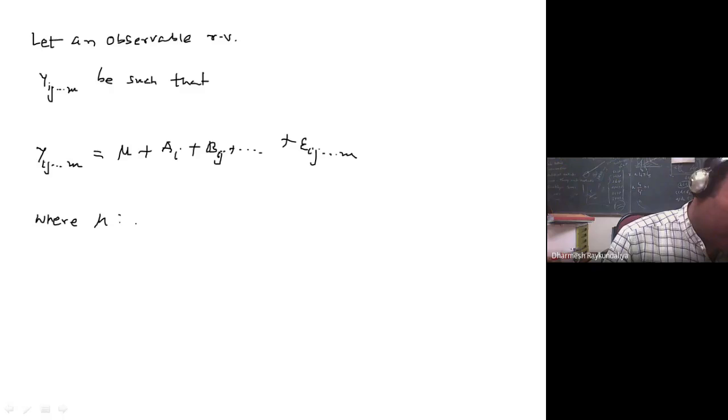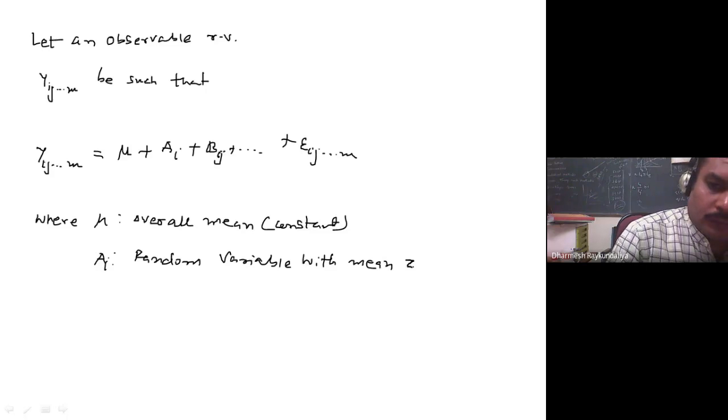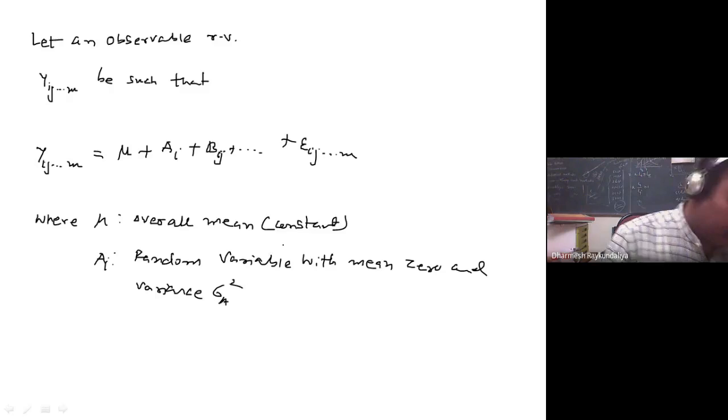where mu is the overall mean, or you can say some constant. a_i is a random variable, so a_i itself is a random variable with mean 0 and variance sigma a square. b_ij is another random variable.